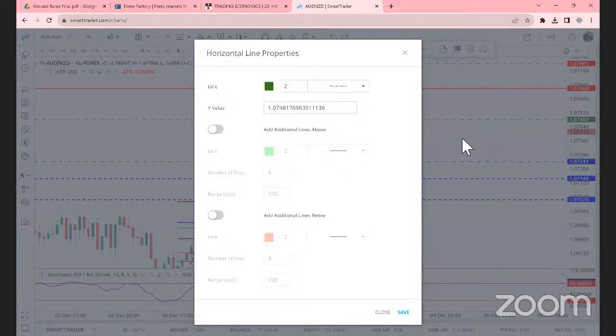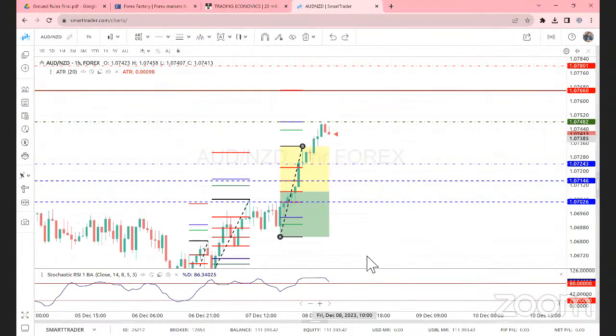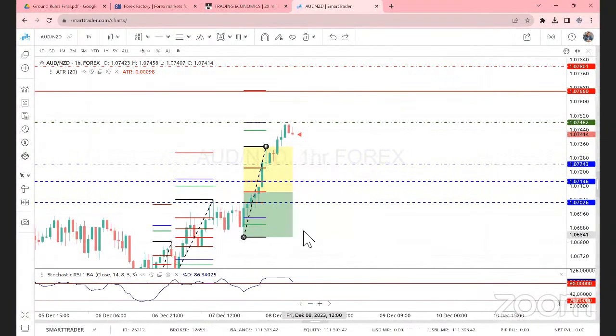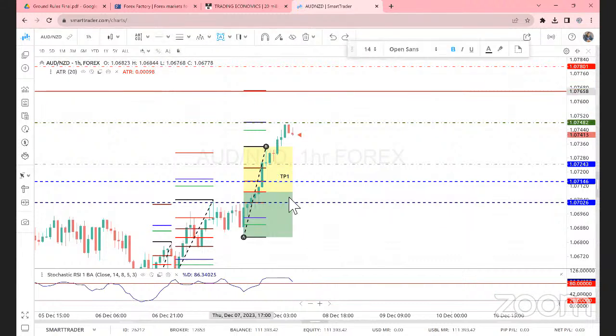Setup looks like this is already turned over to form a high. See if we can get there. Get that to turn over. So TP1, and then our TP2.